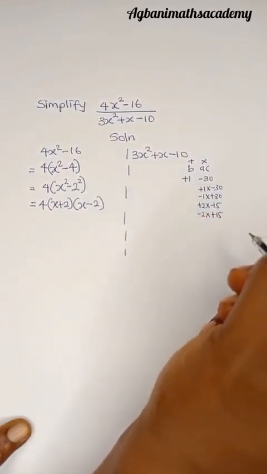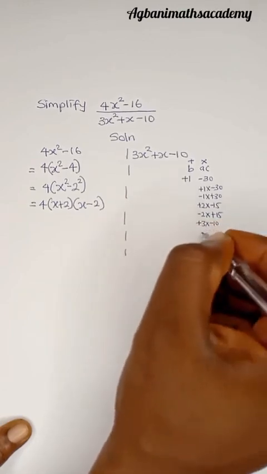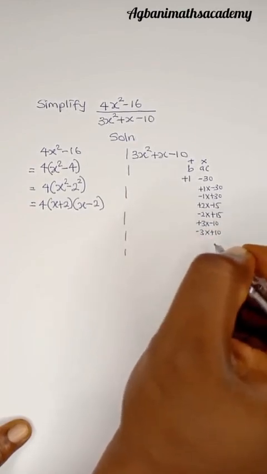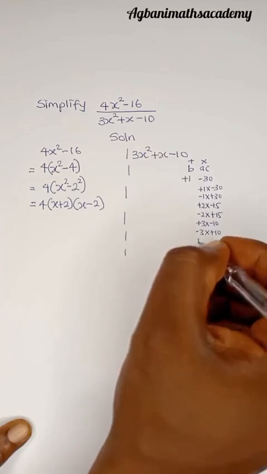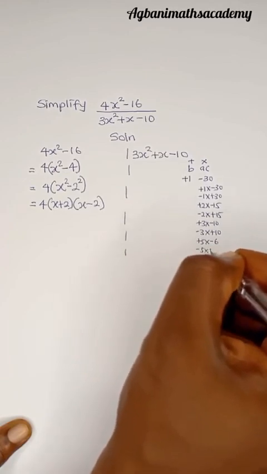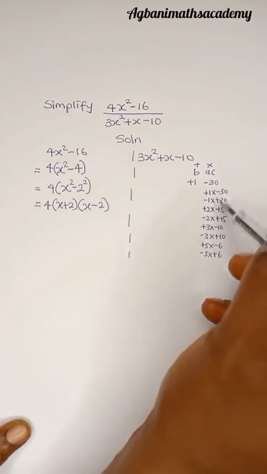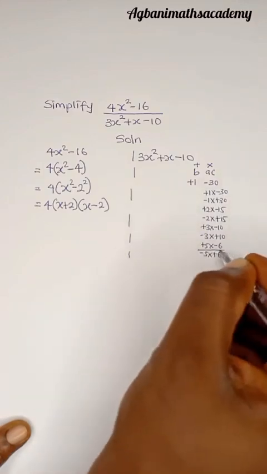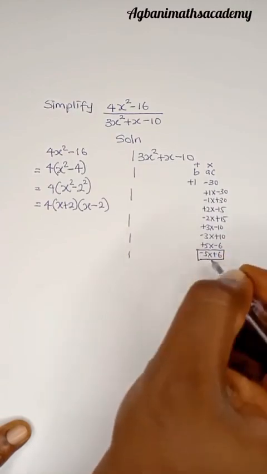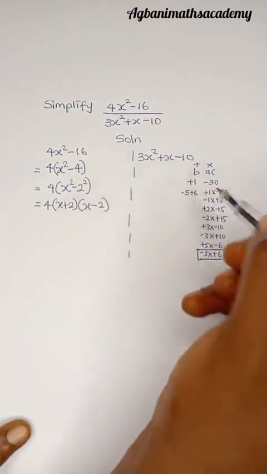We also have plus 3 times minus 10 and minus 3 times plus 10. And then we have plus 5 times minus 6 and minus 5 times plus 6. All these values will multiply to give us minus 30. But among these values, only minus 5 and plus 6 will add to give us plus 1. So minus 5 plus 6 is going to give us plus 1.